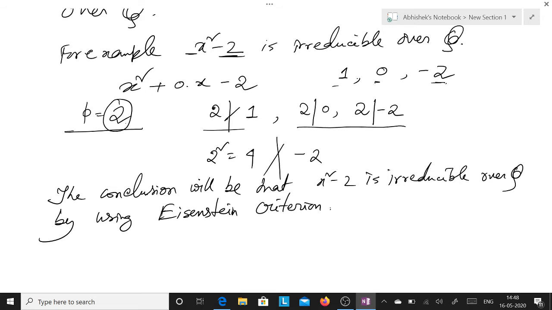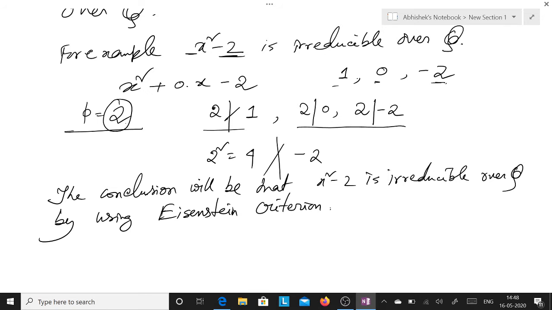Now I shall stop this lecture here, because in the next live session I will talk about more examples to show how to deal with the problems using this Eisenstein criteria and the corollary that we have already discussed for 2 examples.